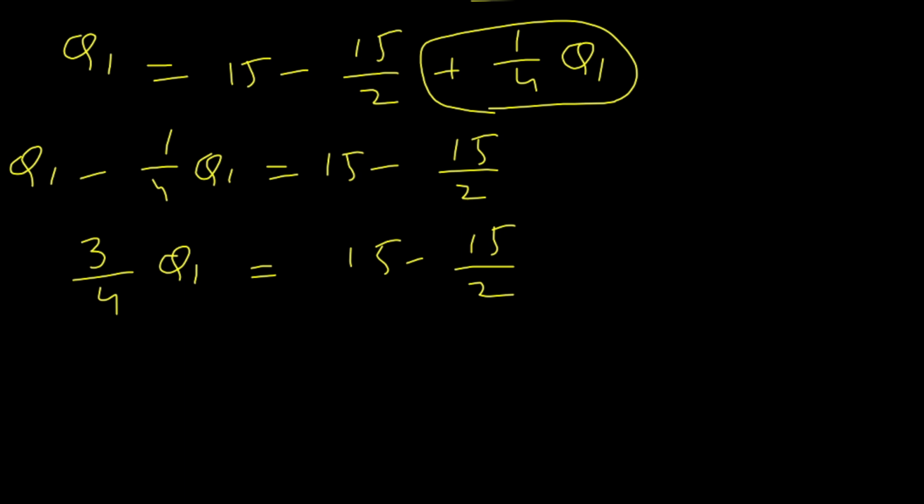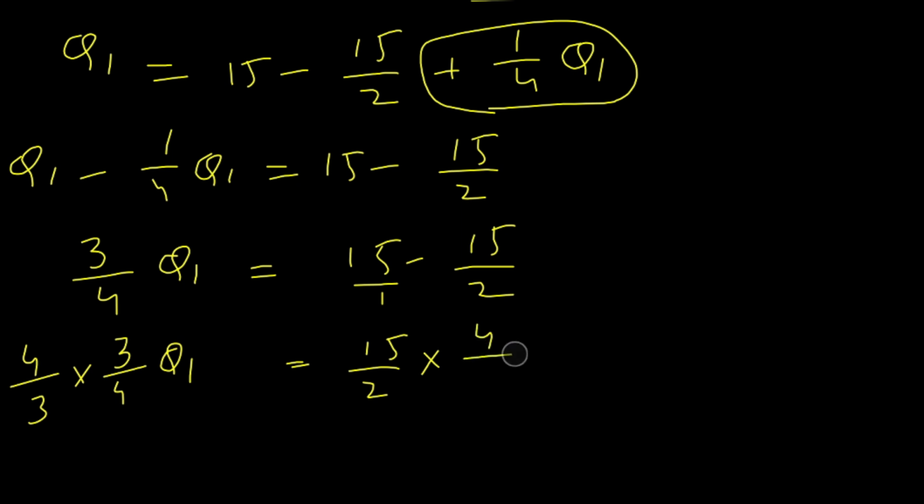Okay, now 15 minus 15 over 2, if we put denominator 1 and we take the LCM of 15 over 1 minus 15 over 2, then the result will be 15 by 2, so 3 over 4 Q1 is equal to 15 over 2. And to remove this 3 by 4, we have to multiply by 4 by 3, and what we do to the left hand side we have to do the same thing to the right hand side of the equation.